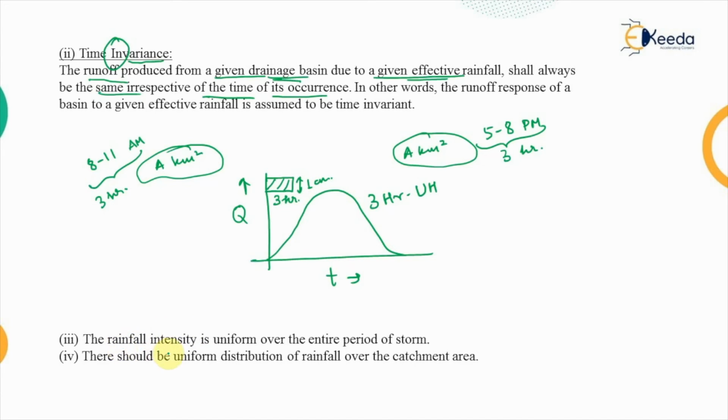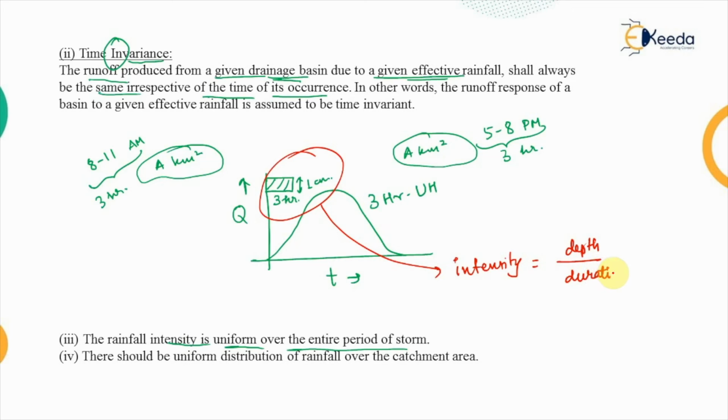The third assumption is that the rainfall intensity is uniform over the entire period of the storm. So what we have shown here is the rainfall. Rainfall intensity is the depth of the rainfall divided by the duration of the rainfall. The depth of the rainfall is 1 centimeter, and the duration is d hours, or whatever the value may be.